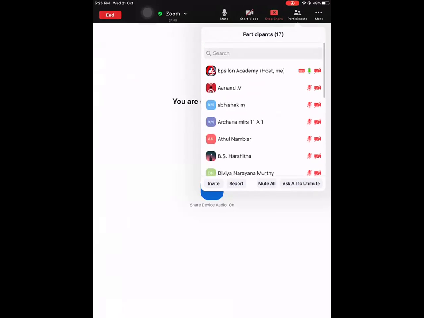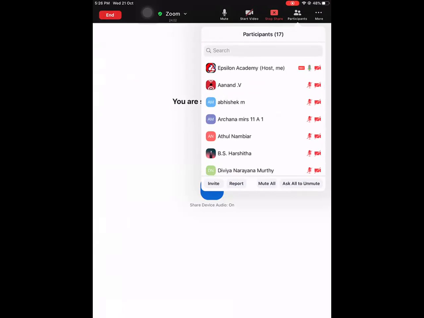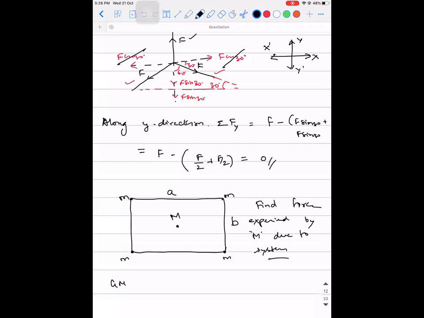How much? GMM divided by A square. I asked what is the final answer? The net force experienced by it. This is wrong.